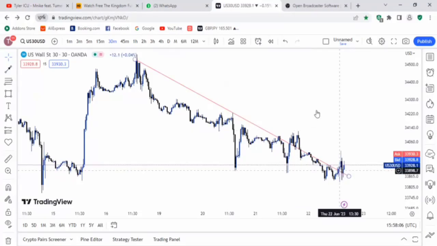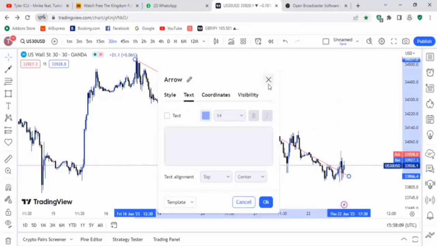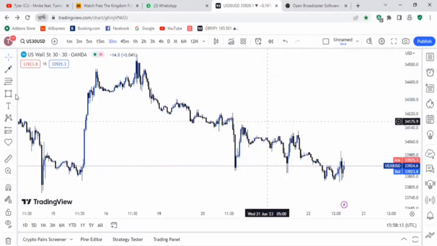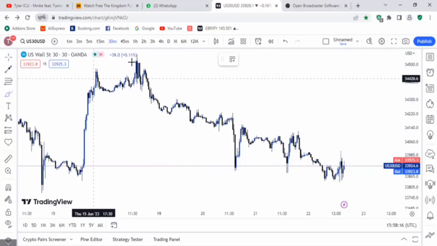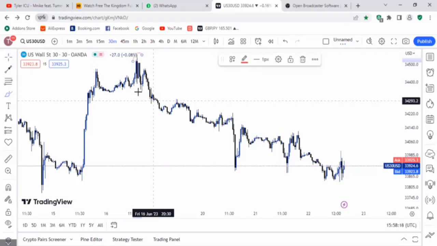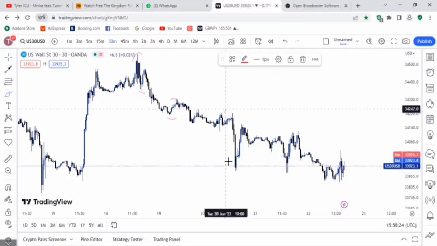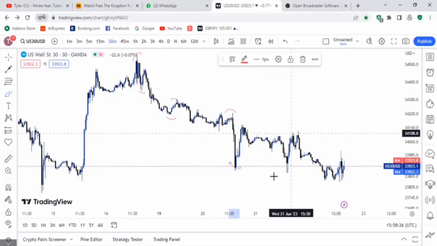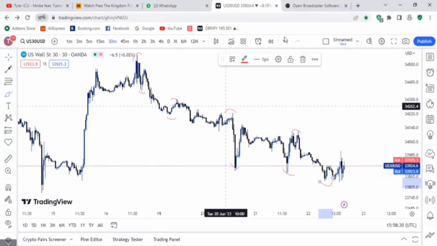So for now, I'm just going to follow the time frame that I see here on 30 minutes. The reason why I'm saying we are moving in a downtrend is because of this. This is our high. This is our low. Lower high, lower low. Lower high, lower low, lower high, lower low. So you see, clear downtrend.